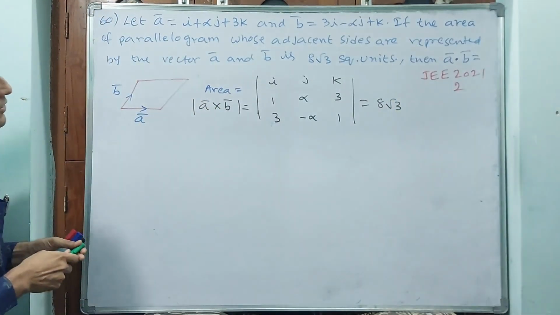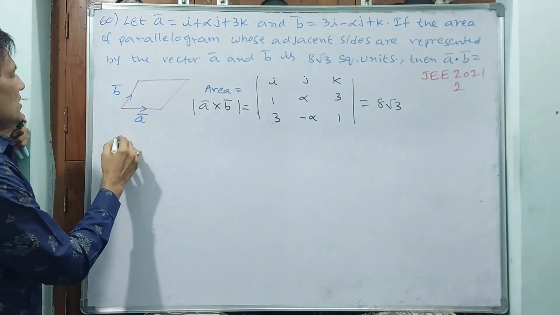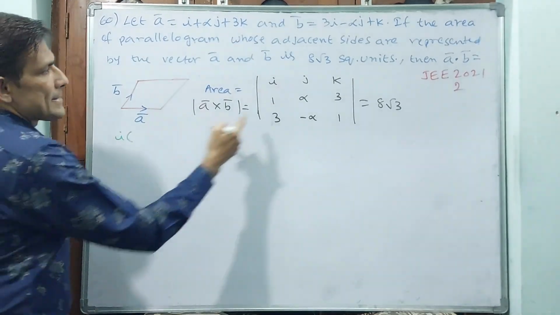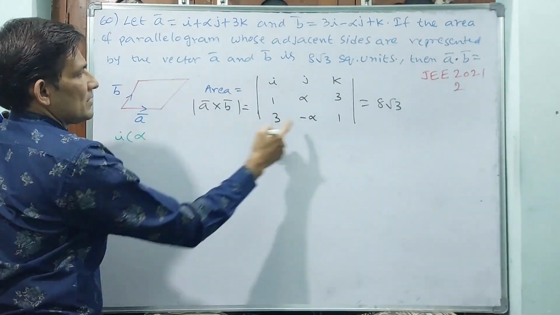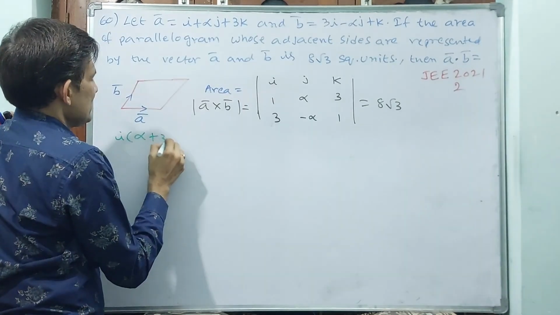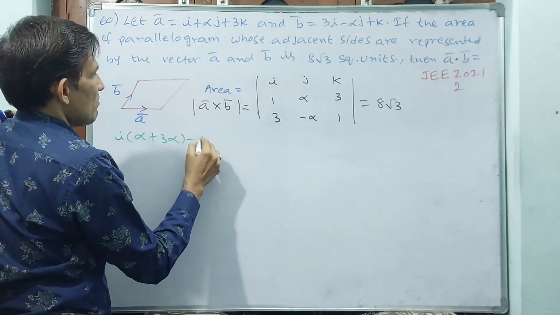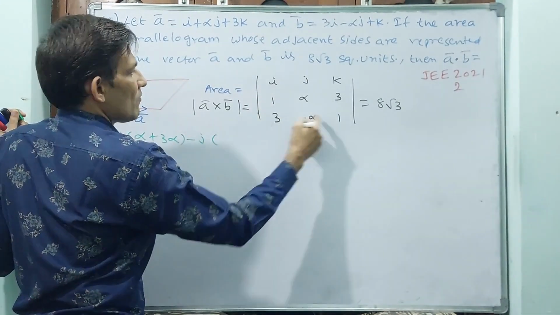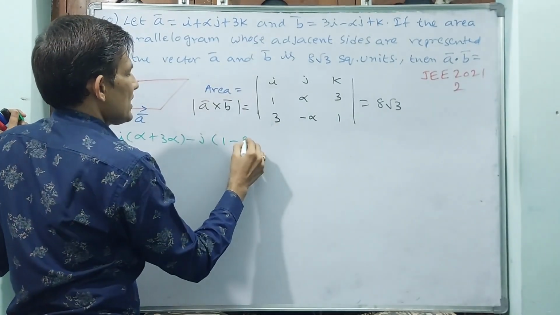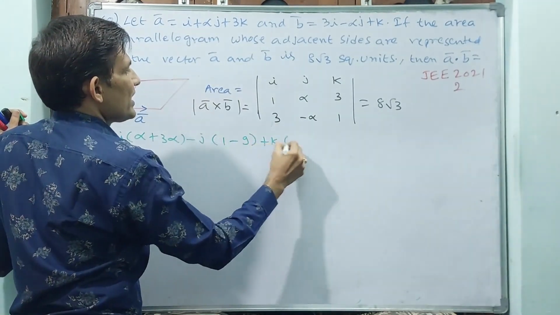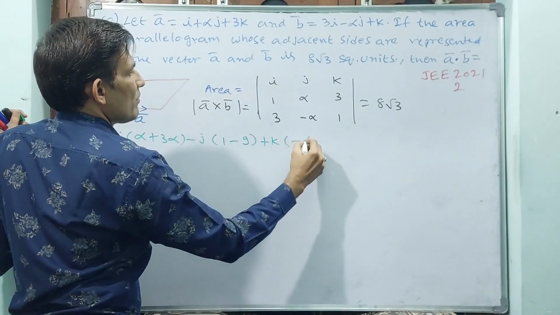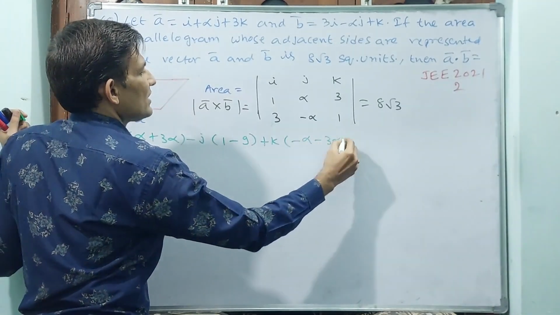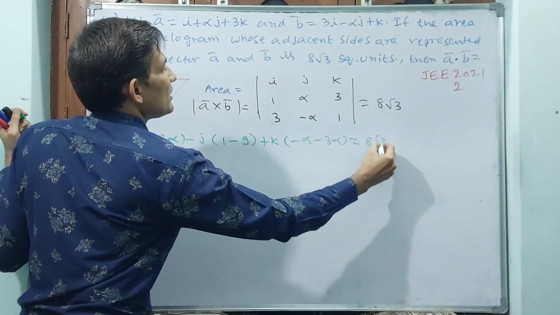Okay, modulus and determinant. Now we see i times (α + 3α) minus j times (1 − 9) plus k times (−α − 3α) is equal to 8√3.